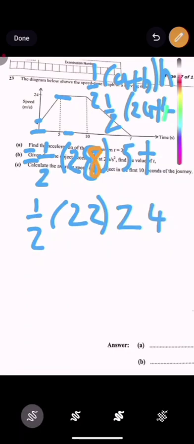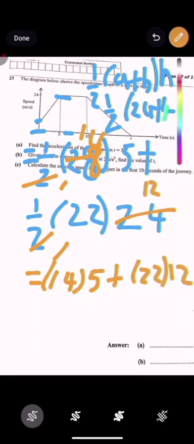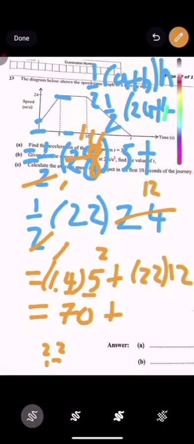Okay, now we can do 2 here 1, 2 here 14, and 2 here 1, 2 here 12. So we remain with 14 brackets 5 plus 22, 12. What has remained is just to multiply. 5 times 14 is 70, plus 22 times 12. 22 times 12, you know what to do.